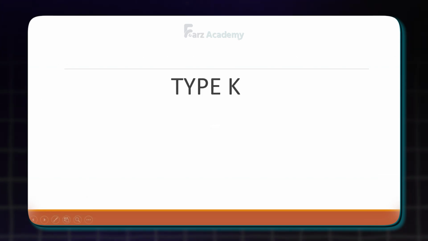Next, these were the 10 questions of type A, where there is a single answer. Next is type K. These are the multiple options. In these MCQs, the ratio is not always fixed. It can be like 70-30, it can be 60-40, but type K questions can never be more than 50%.